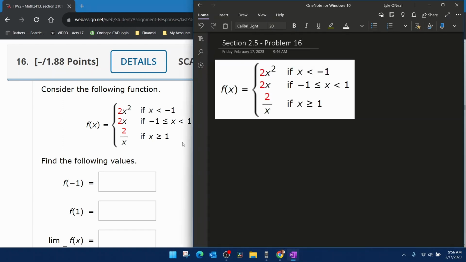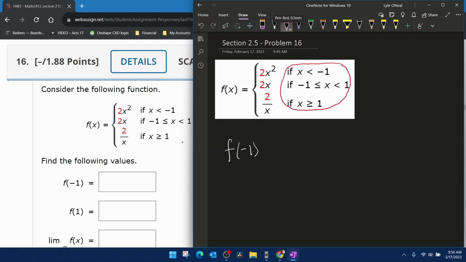So if we go to our scratch work, the first problem that they asked me to find is f of -1. And the way we're going to evaluate this is we're going to go to the test zone, the inequality section back here. I like to call that the test zone. And we're going to take our x and test it to see where to put it.